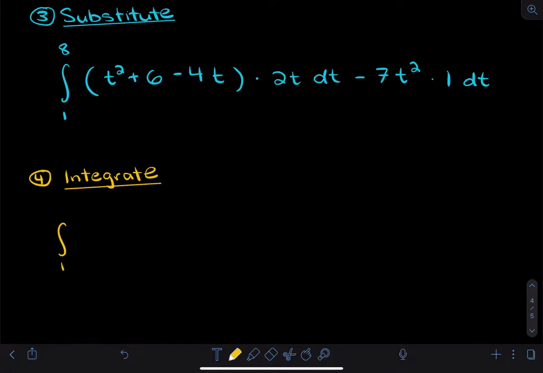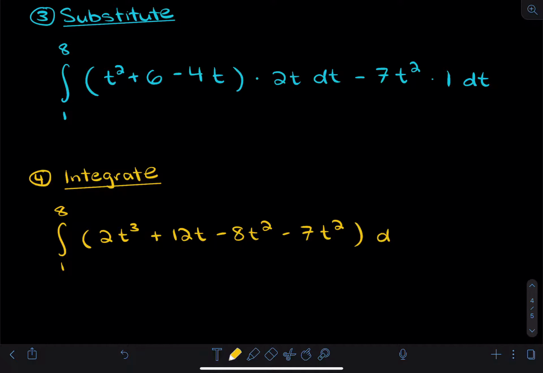So we'll have the integral from 1 to 8, 2t cubed. I'm just distributing the 2t into that bracket. So 2t cubed plus 12t minus 8t squared. And then I'm going to bring that minus 7t squared into here. Minus 7t squared.